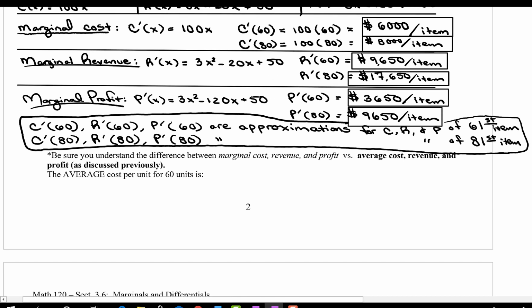Be sure you understand the difference between marginal cost, revenue, and profit versus average cost, revenue, and profit, as discussed previously. The average cost per unit is C of X divided by X. X represents the number of total items, and C of X represents the total cost of that number of items.